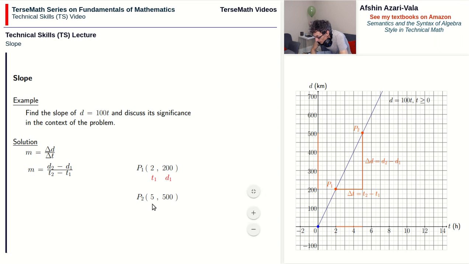And similarly, 5 is t2, the time coordinate of point 2. And 500 is the d coordinate of point 2. So we now put these values into the formula. And m becomes d2 minus d1, that's 500 minus 200 on top, and t2 minus t1, which is 5 minus 2 down here.